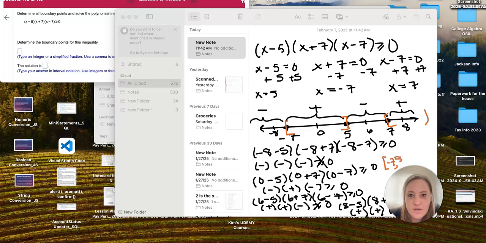Let me try to do that again. Negative 7, positive 5, union, because it's basically saying we're jumping over this interval here that makes our inequality inaccurate. And then we'll go from 7, comma, infinity. And again, infinity is always represented with a parenthesis.